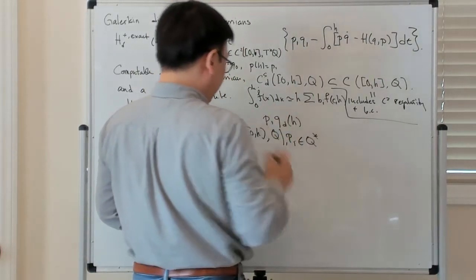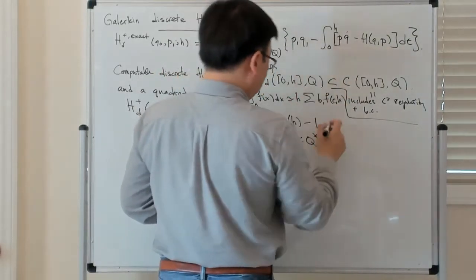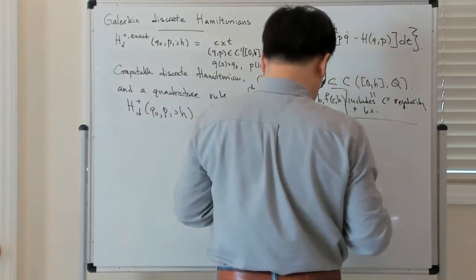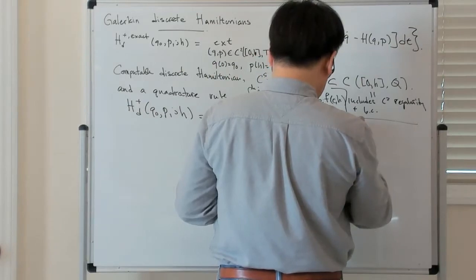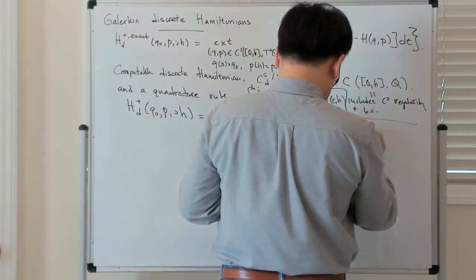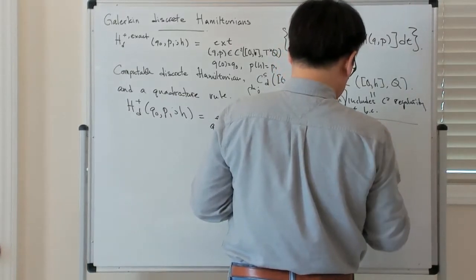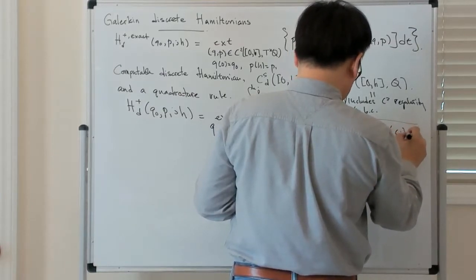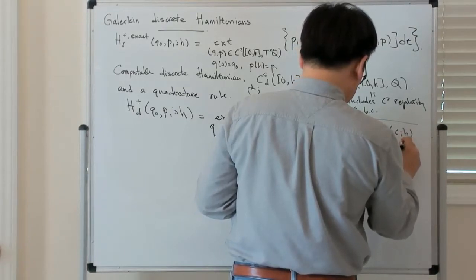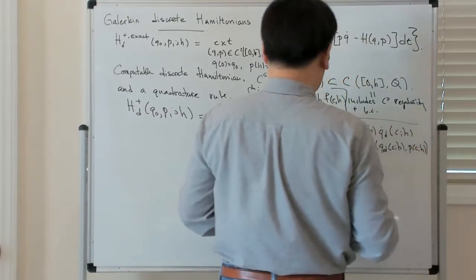You evaluate H, minus the quadrature approximation of the integral, so the sum over i of the weights h times p at c_i h, Q_d dot at c_i h, minus H at Q_d of c_i h, p at c_i h.